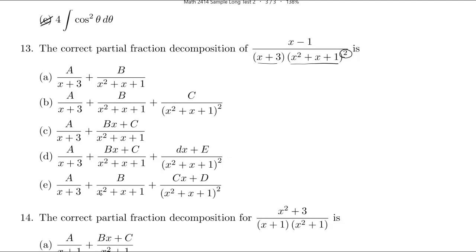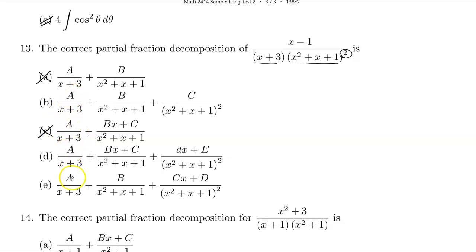If you are going to eliminate those that are outright wrong, this one is wrong, this one is also wrong. Now we're left with this. Look at the denominator. It should be x plus 3. Yes. And then you have this to the power of 1. That's correct too. And to the power of 2. Good. Now, what about the numerator? If the denominator is linear, the numerator is constant.